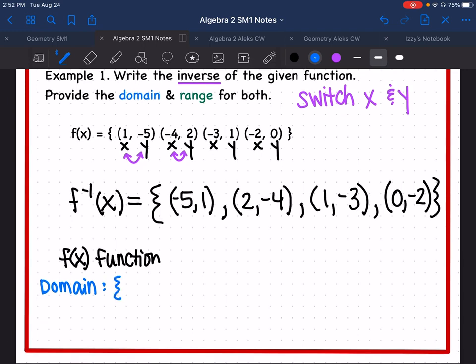We're going to list them in what's called set notation, which means we start with the squiggle, and we put them in numerical order from smallest to largest. So the smallest x value I see, remember I'm only looking at these ones right here, would be the -4. So I'm going to start with -4, comma, then -3, then -2, and then +1. They must be in order from smallest to largest.